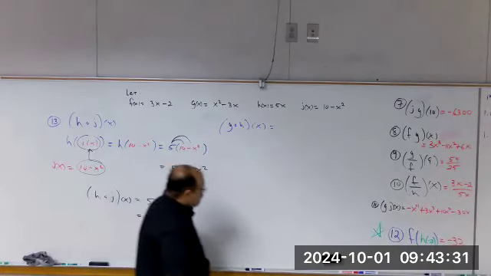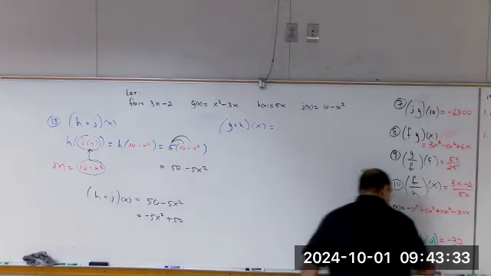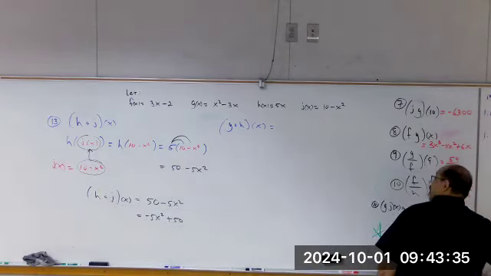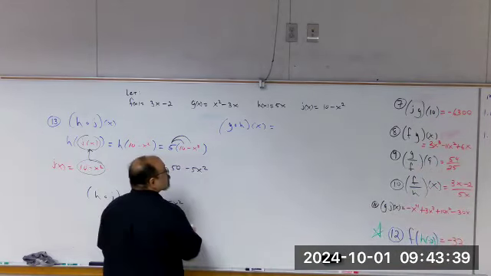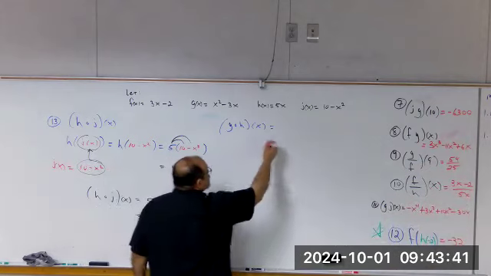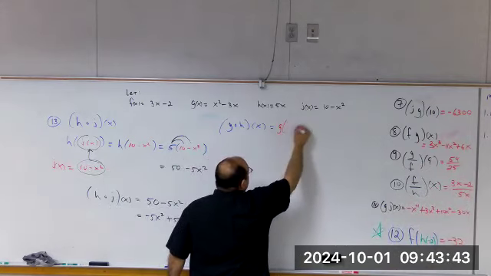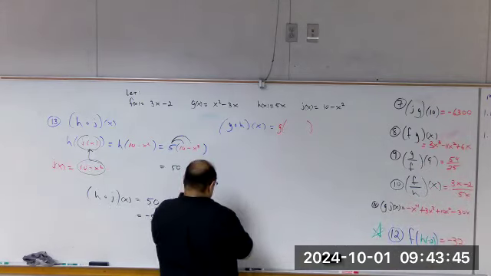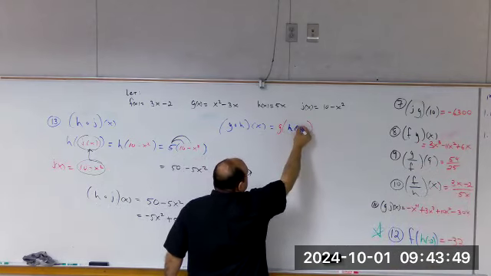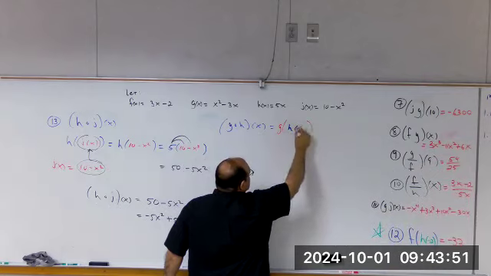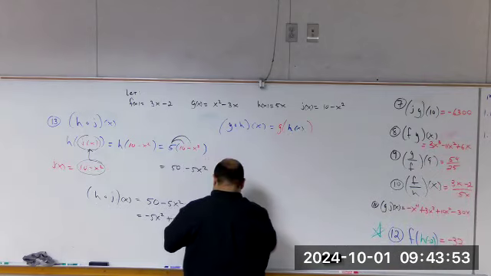Rewrite. So who's on the outside? What is the outside function? Is it G or H? G. So G is on the outside. G of what is going inside of the G function? H of X. So we have to do the H of X first.